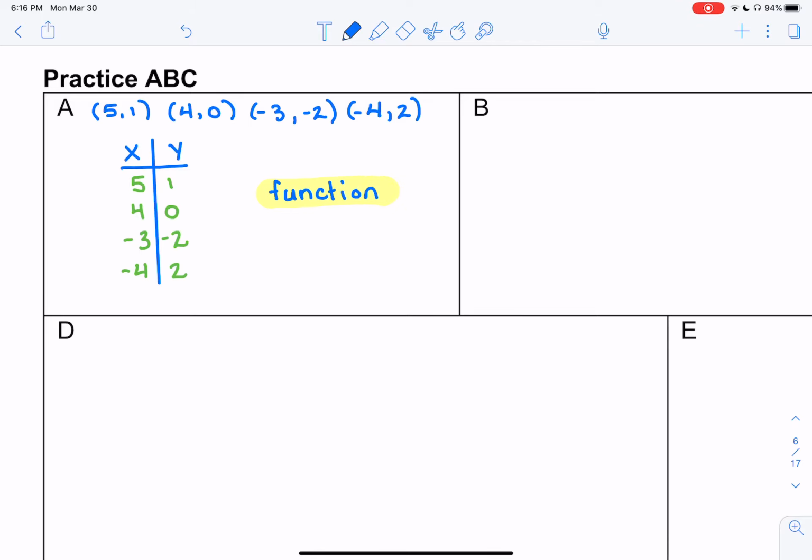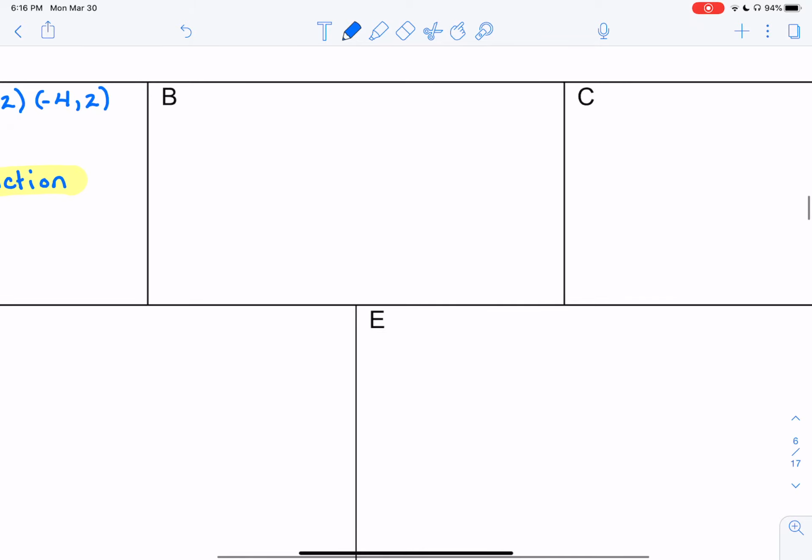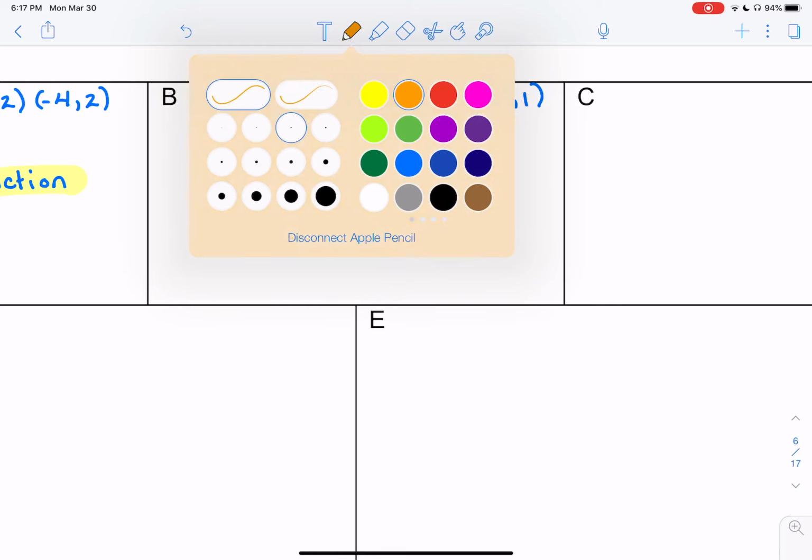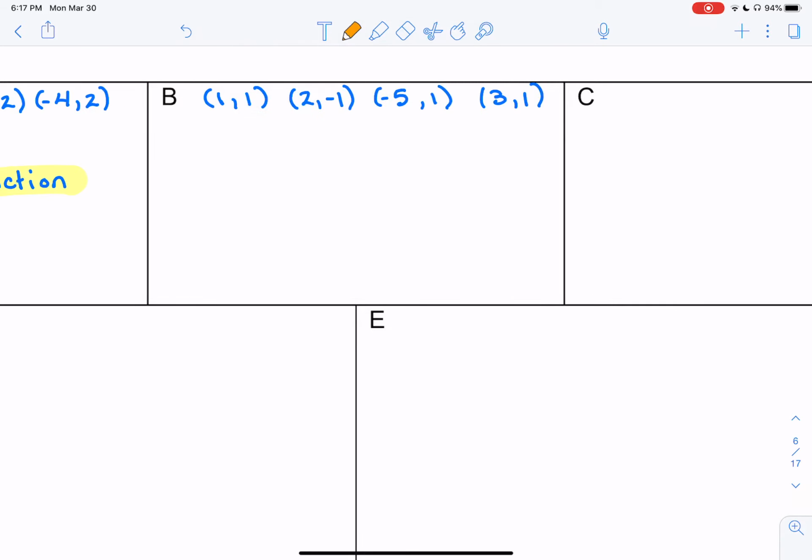All right, moving to question B. Once again, it's presented to you as a list: (1, 1), (2, -1), (-5, 1), and then (3, 1). All right, so another way to look at this, if you don't want to do the XY table, is to just focus in on your X values and check if any of them are repeated.